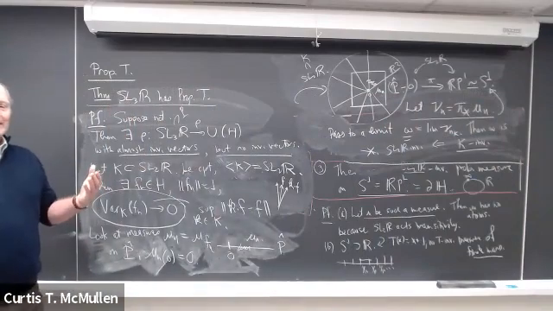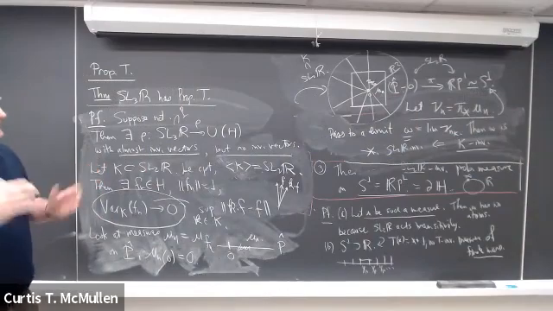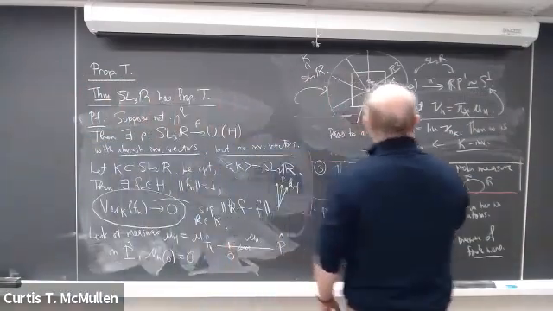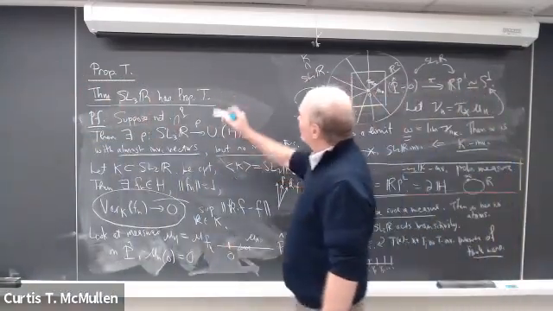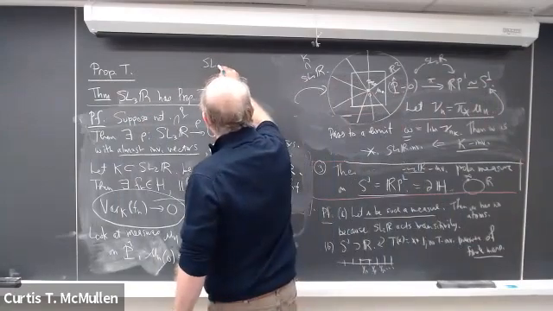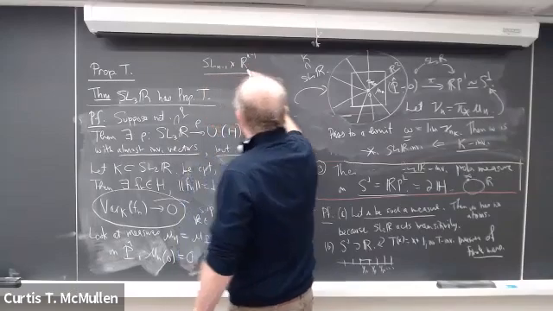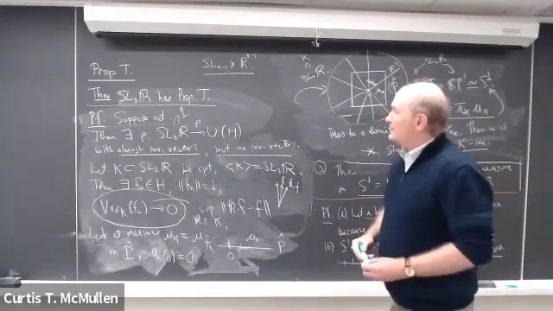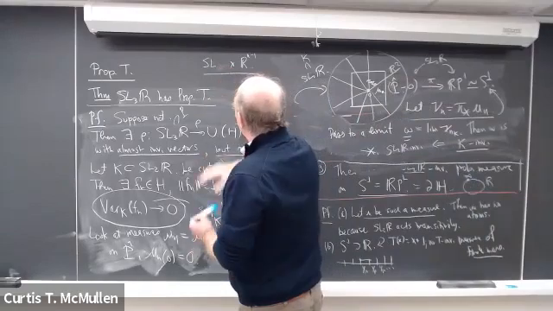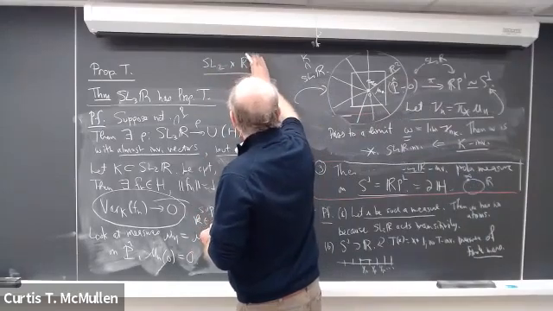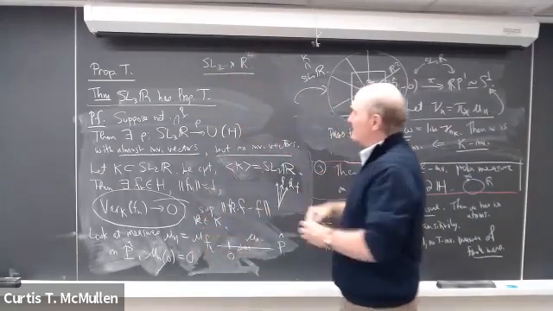The key point is that what we used here was that we could fit inside of our group a copy of something like SLN minus 1 cross RN minus 1. And in fact, all we needed to get inside was a copy of SL2 cross R2. And then we could leverage this argument.